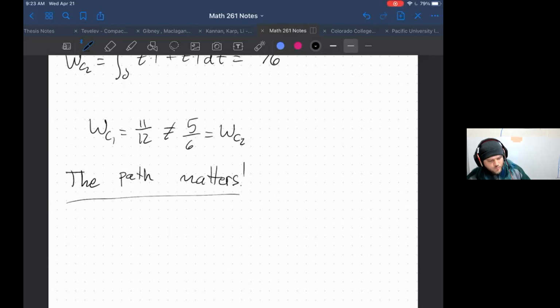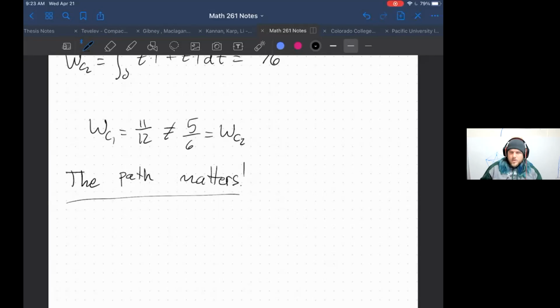So what we're going to do for the rest of this section is examine when the path actually does not matter. When, given 2 points and asked to find the work done by the vector field between them, does it not depend on the path? When is it always going to be the same, no matter where you go?